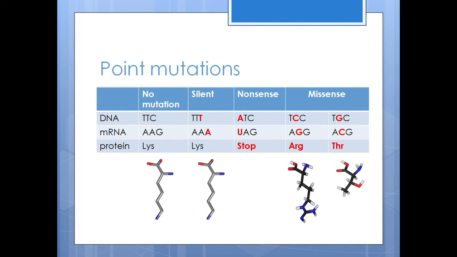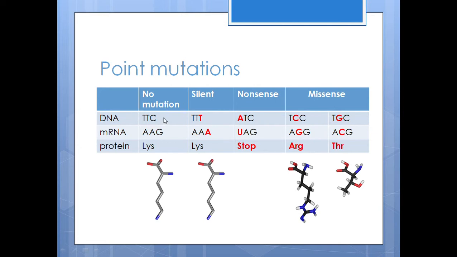Point mutation is such a situation when the sequence of bases present in DNA is changed. There are many types of these mutations. We are going to focus on only one, when one base is substituted by another one. Such a mutation is called substitution mutation. Look at these examples.